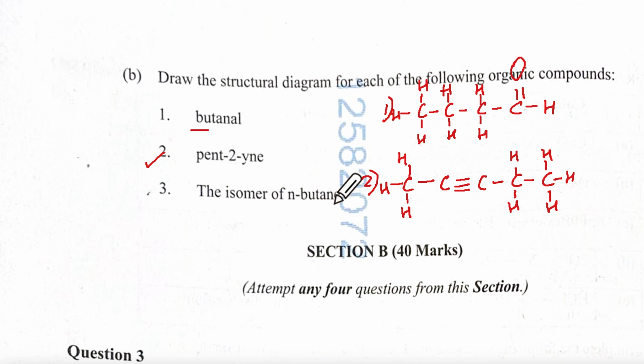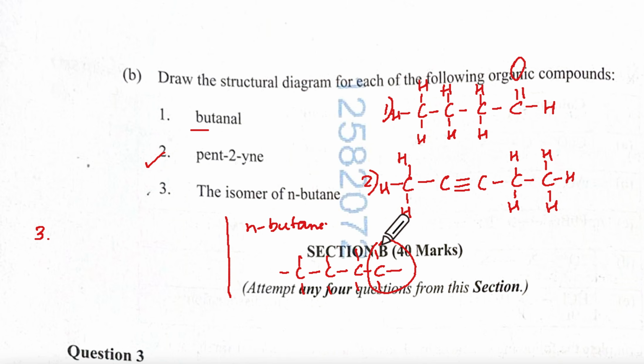Now the isomer of n-butane. Now n-butane for the third one. So I'm going to write this side n-butane for my reference, and n-butane will be 4 carbons, and I'll keep this ready for my thinking, and then I'll take this CH3 and I'll attach it somewhere here, either below or above this carbon.